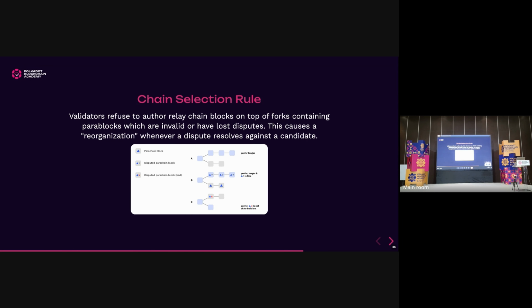So the actual punishment isn't the slash, it's the reduction of the rewards you would get as a validator. But not many slashing events are happening. It's difficult to get slashed as an honest validator node.